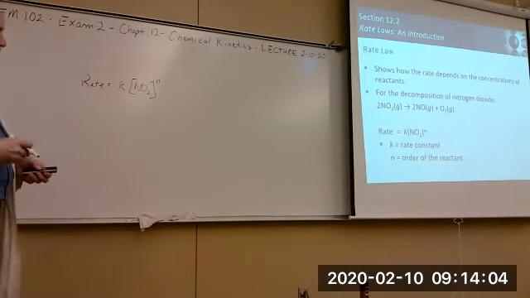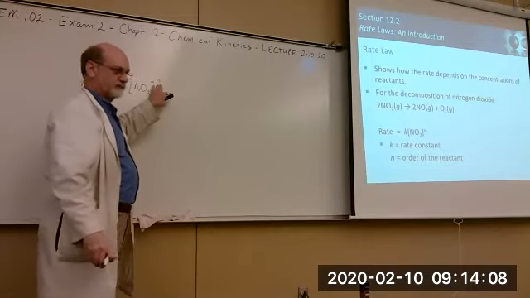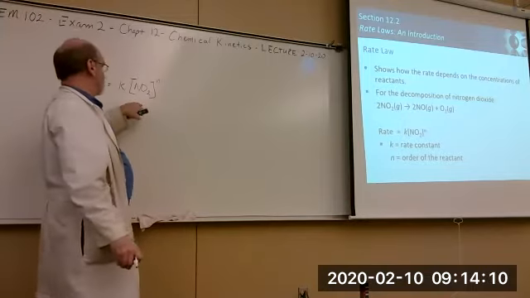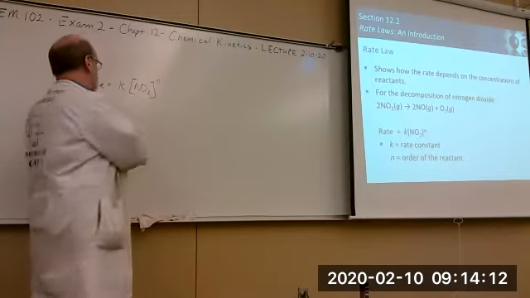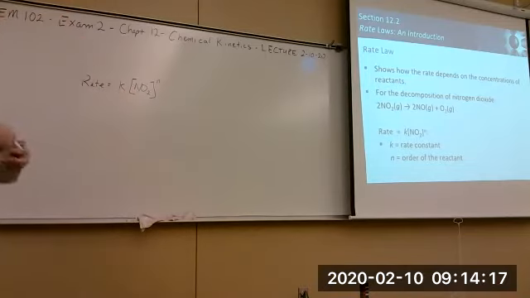Okay. So this is known as the order of the reaction. Concentration and then this constant. So that's a general expression for any rate of reaction in which we only have one reactant.